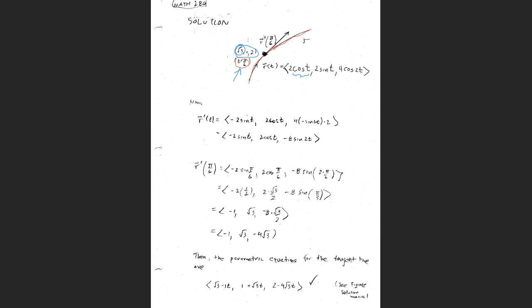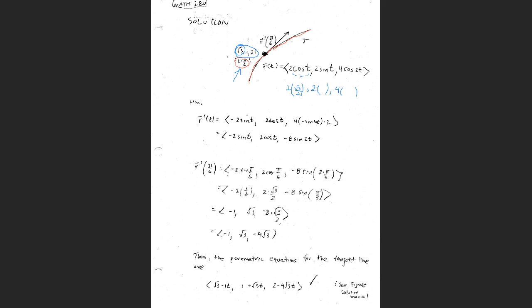Let me phrase it another way. Think of it like this. 2 times something equals root 3. 2 times something equals 1. 4 times something equals 2. So I've got to have 2 times root 3 over 2.